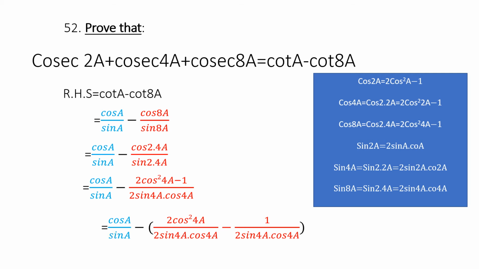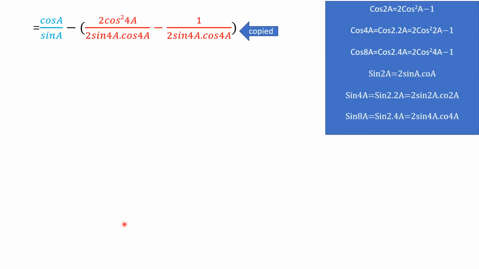So let's go to the next page, and in the next page we have the same line copied. Is this clear? So as I said, 2 and 2 can be cancelled. Cos 4a and square can be cancelled. Then we are left with only cos 4a in the numerator and sine 4a only in the denominator.